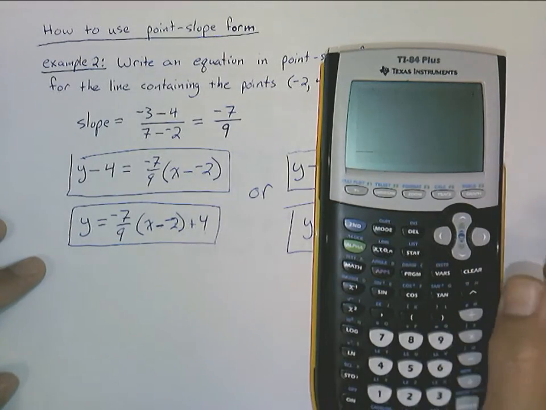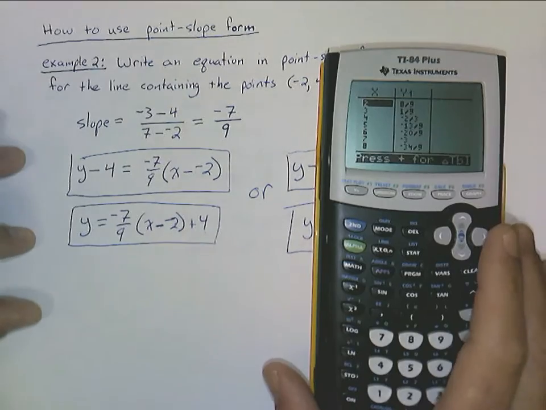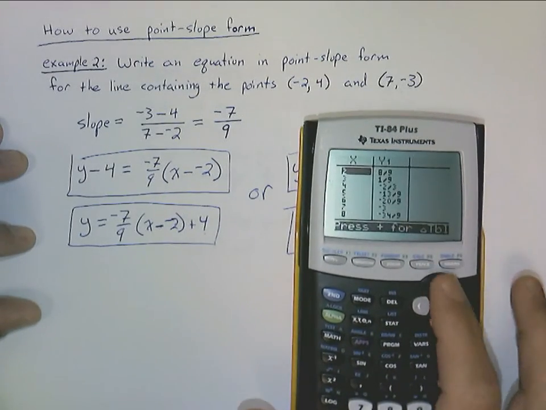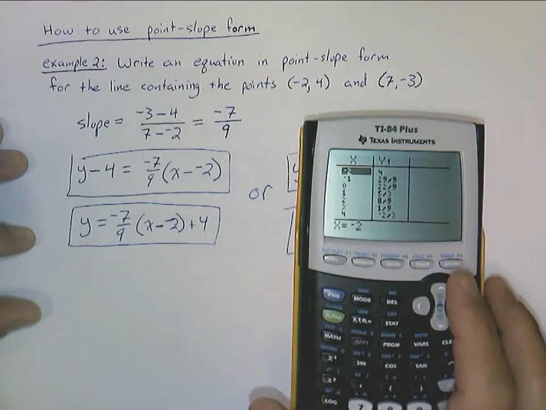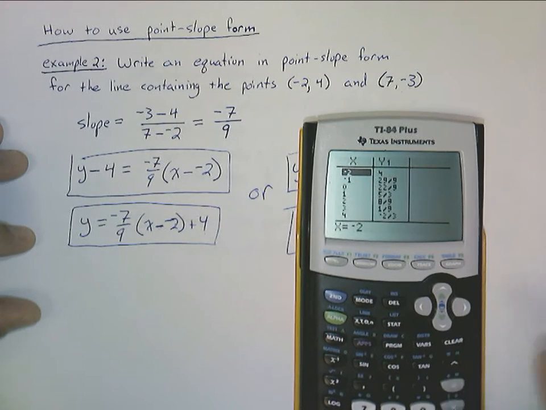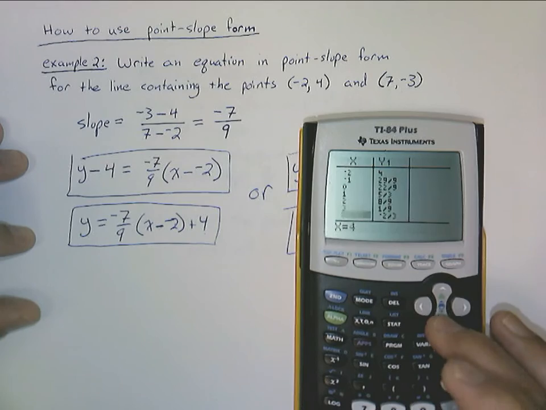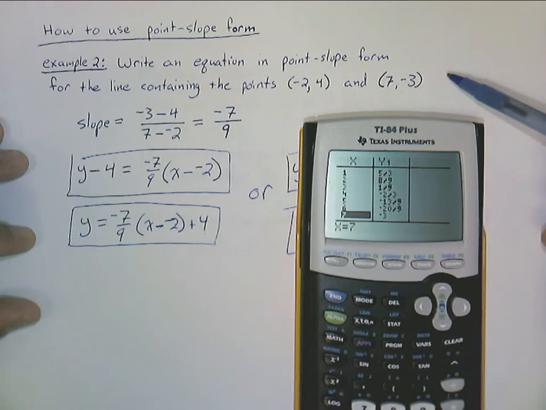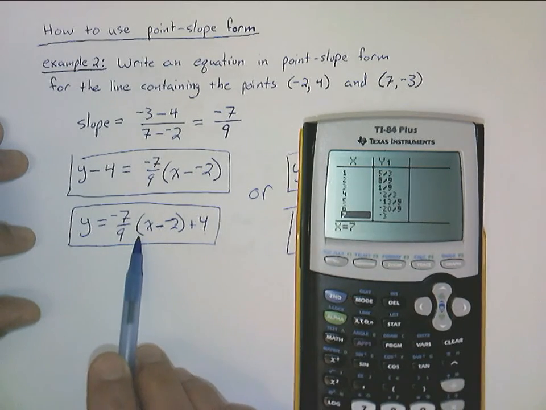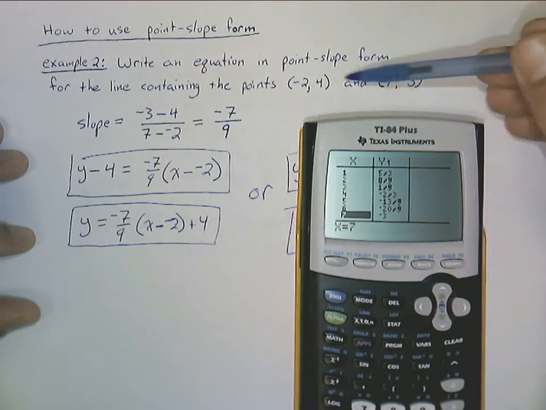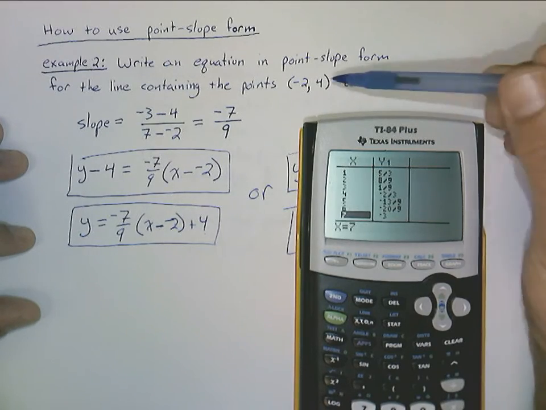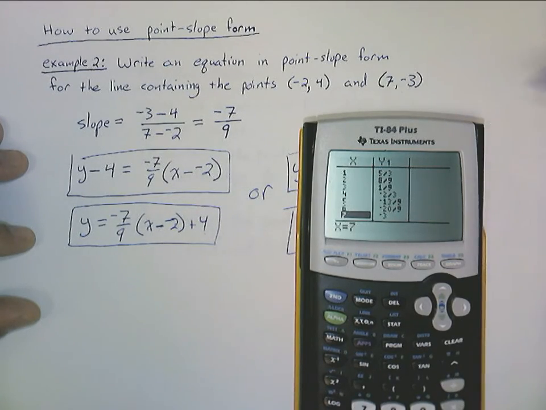Now I'll bring up a table of values, and there's our point (-2, 4) right there. And then let's go down here, and there's (7, -3) also on our line. Great. So we know this is definitely the equation for the line containing these 2 points, because there's only one line going through both of these points.